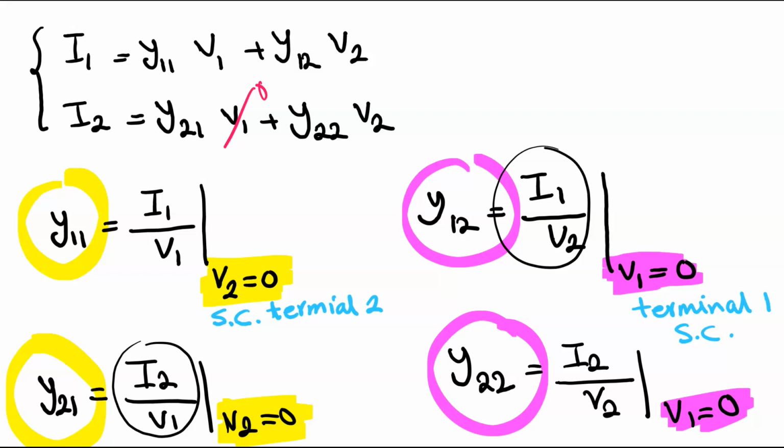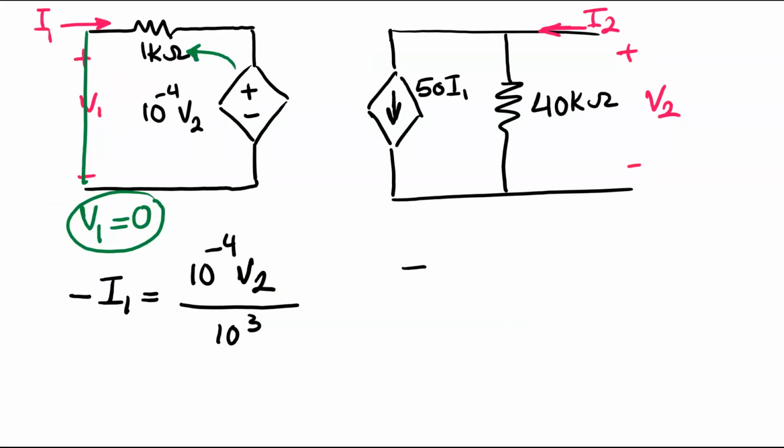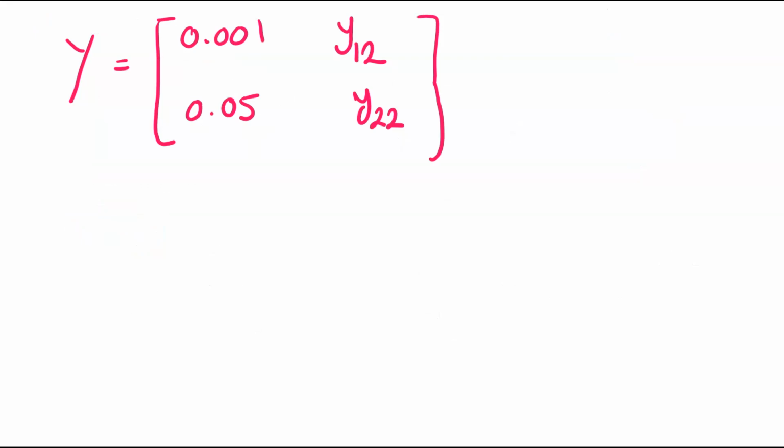So I1 over V2 is equal to y12, and according to this equation, if I rearrange it, I'm going to have it as minus 10 to the minus 7. So I'm going to complete my Y matrix here. So y12 is equal to minus 10 to the minus 7.